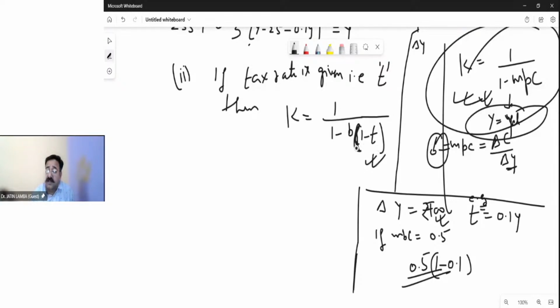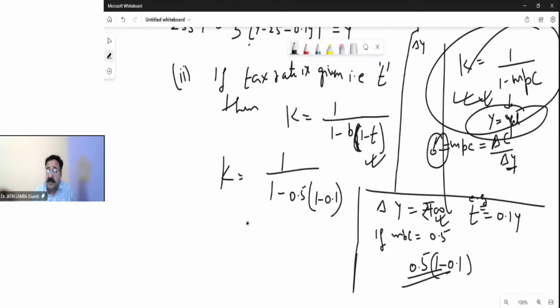Because whatever the change in income, you will spend MPC, marginal propensity to consume, on the part of disposable income. And what is the disposable income? 1 minus T, after taxes. So this formula will be used. In that case, K is equal to 1 upon 1 minus B into (1 minus T), where B is 0.5 and 1 minus 0.1 is 0.9.